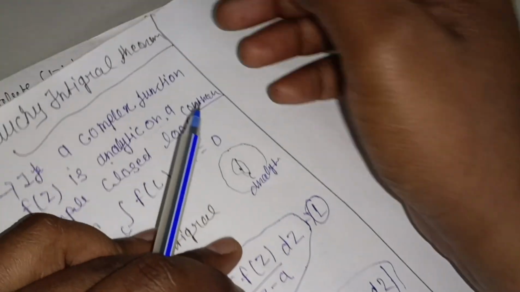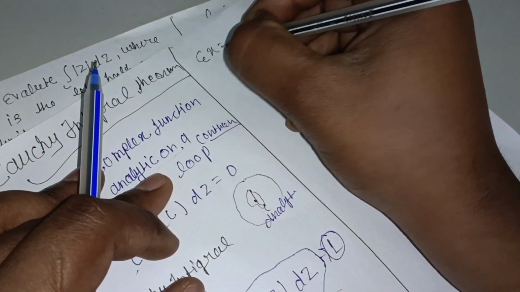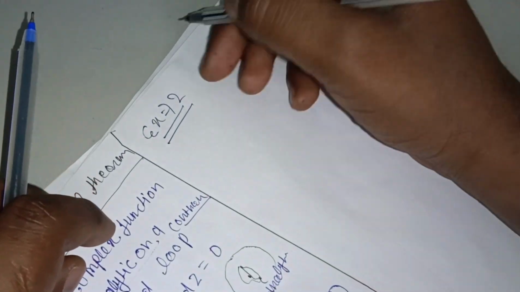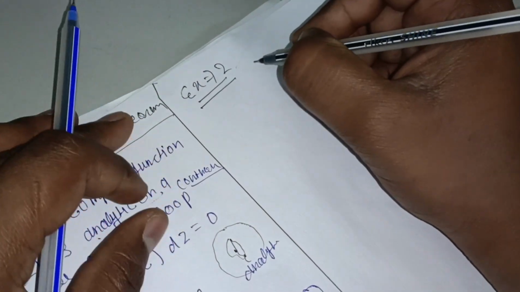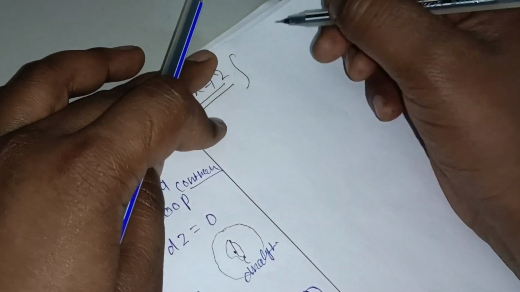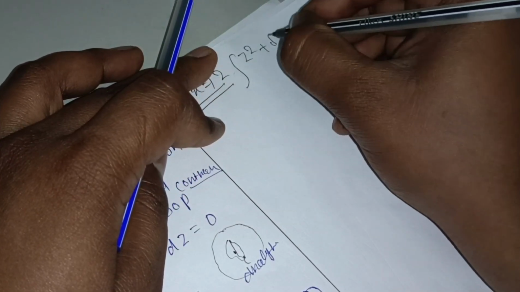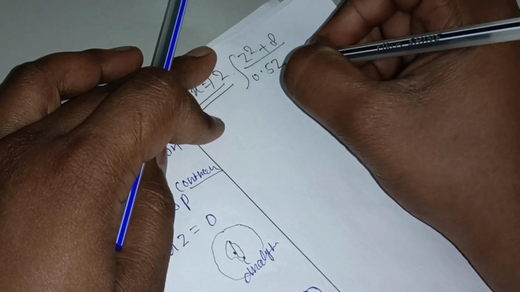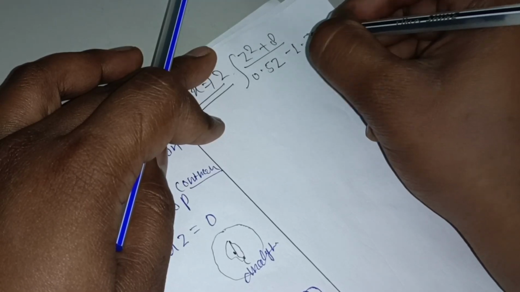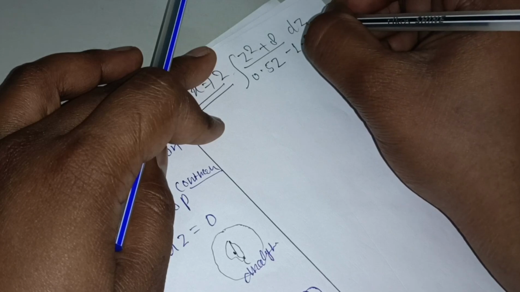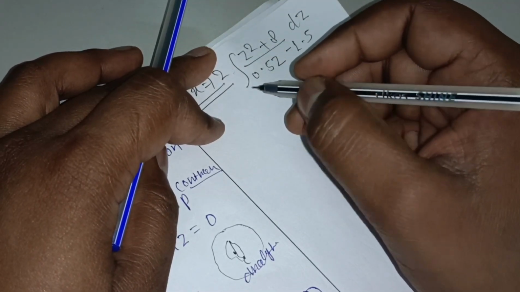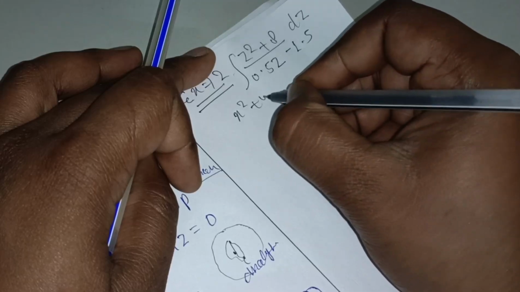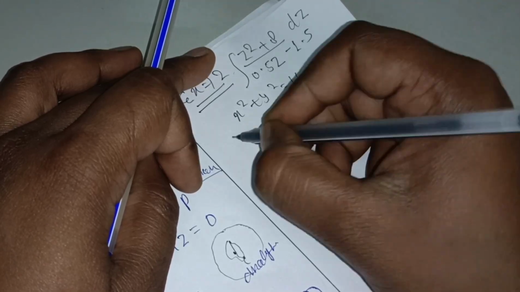So let's see example number 2 on Cauchy's formula. What is this example? The integral of z square plus 8 upon 0.5z minus 1.5 dz, and given that x square plus y square is equal to 16.